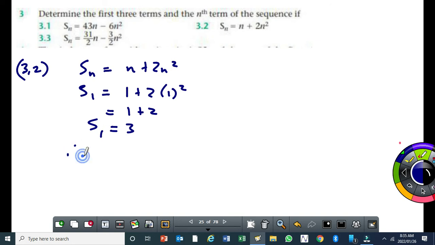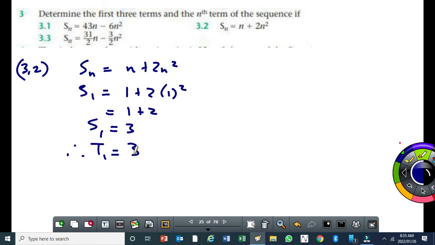What this means is that T1 is also equal to what? To 3. Remember, S1 is equal to T1. Remember that. Are you following that? S1 is equal to T1.